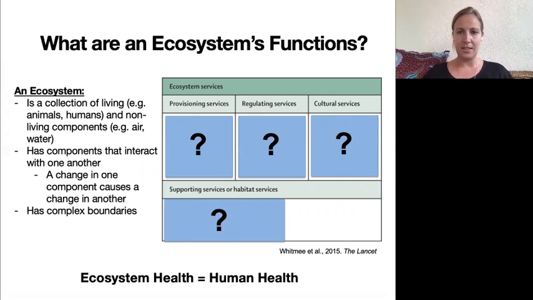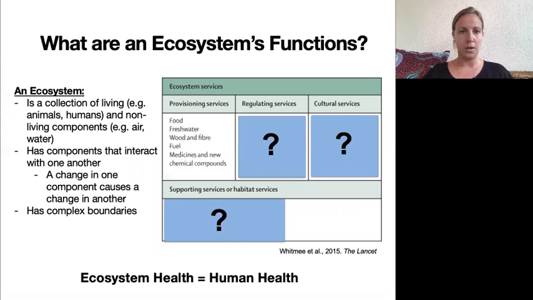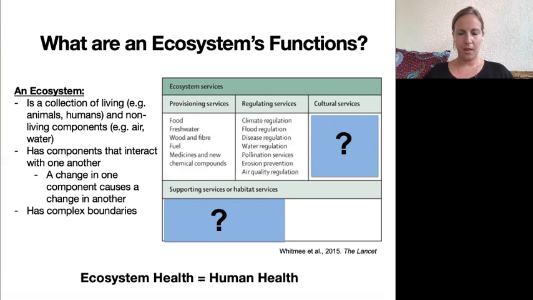Examples of ecosystem services include provisioning services such as food and clean water, as well as wood and fiber and fuel, as well as medicines and new compounds. There are regulating services such as climate regulation, flood regulation, water regulation. So these are other services that the ecosystem provides.